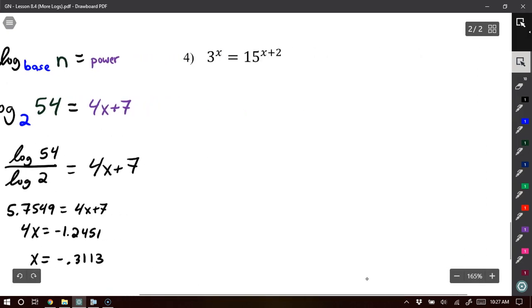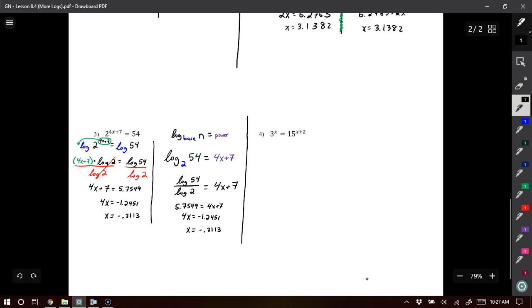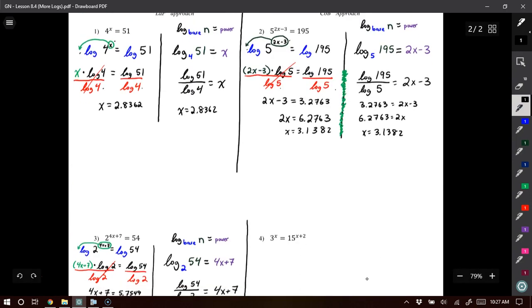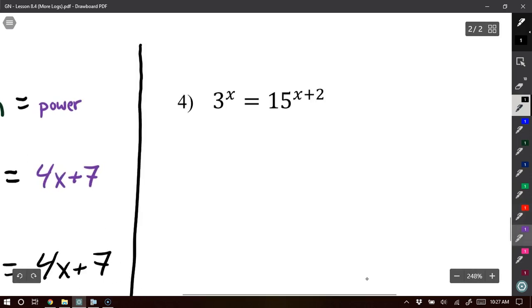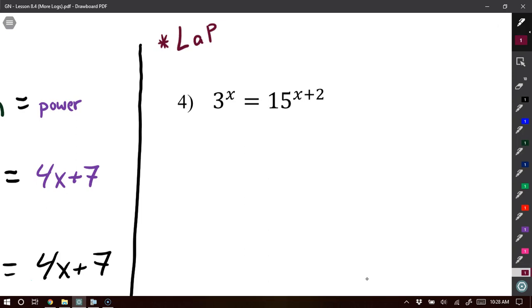Now, when you get to the more difficult problems like number 4, this is where those students who really prefer consistent steps or a consistent process for solving, that log and power, this is where they kind of shine more. If I were a student struggling on this, it's more consistent, especially when you have 2 variables.